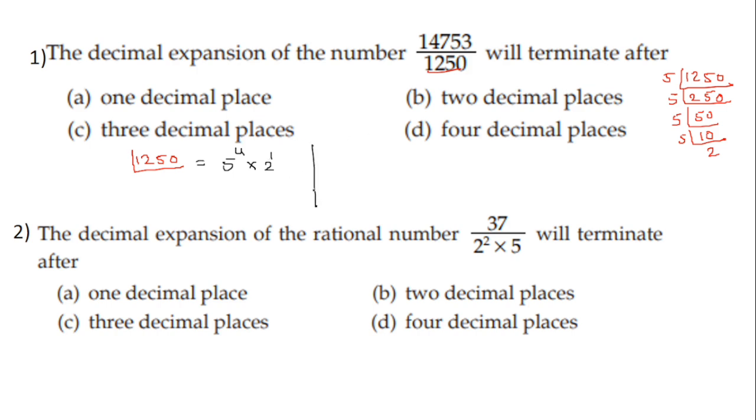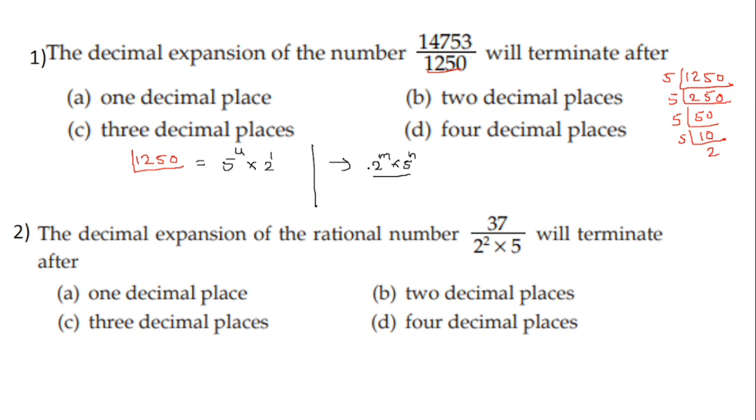Before this, how do we find the number of decimal places? We should know one point: if a rational number is expressed in a decimal expansion, the denominator should be of the form 2 power m into 5 power n. So the prime factorization of the denominator should be 2 power m and 5 power n.